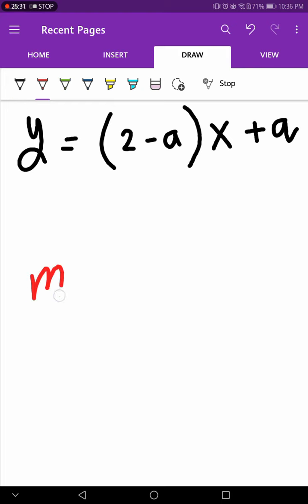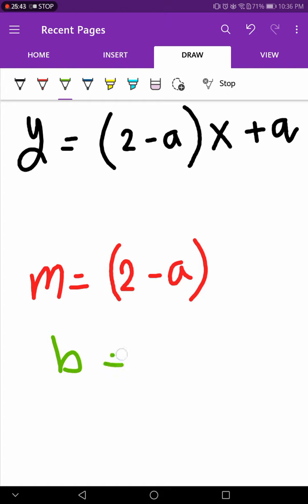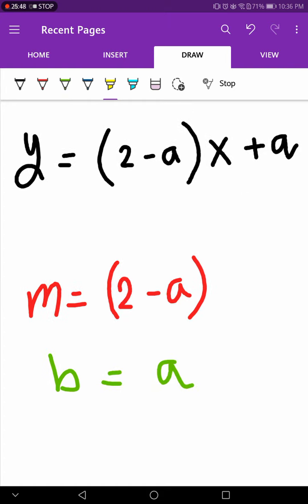The m equals 2 negative a, and the b equals a, because my dear student, this thing is constant.